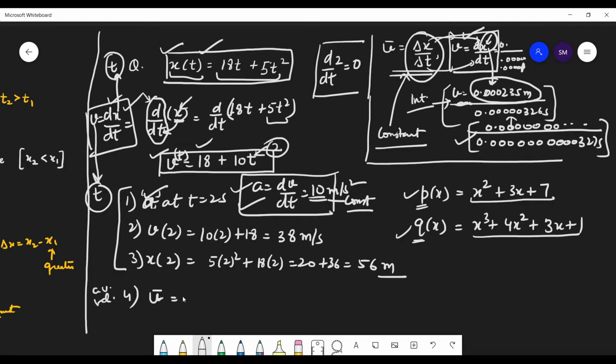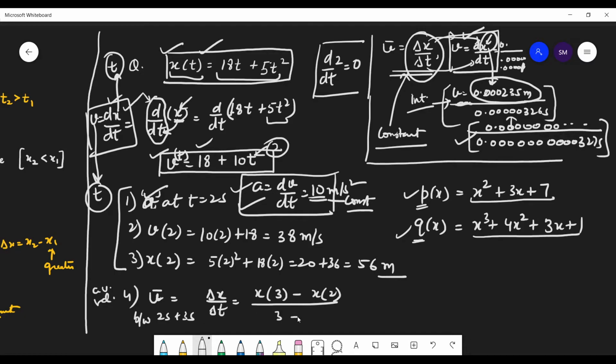Average velocity now between which time to which time? You have to tell the average velocity between 2 seconds and 3 seconds. Obviously average velocity is displacement upon time taken, and displacement is final position, the position at 3 seconds minus the position at 2 seconds, divided by delta t.